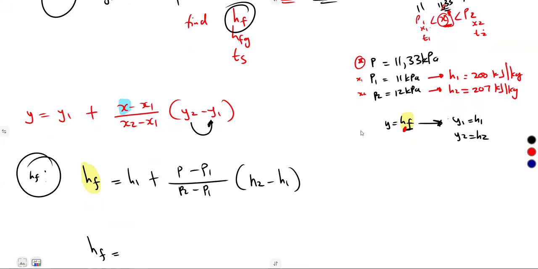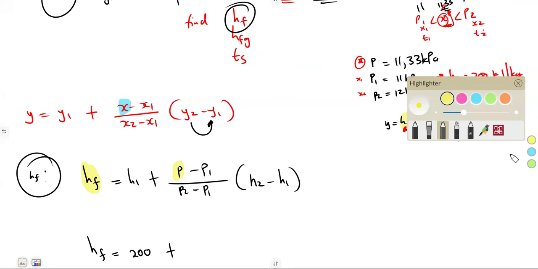HF is equal to H1, that is HF at P1, which is 200, plus P. Remember, this one is the one you are already given, but it was not from our steam table.